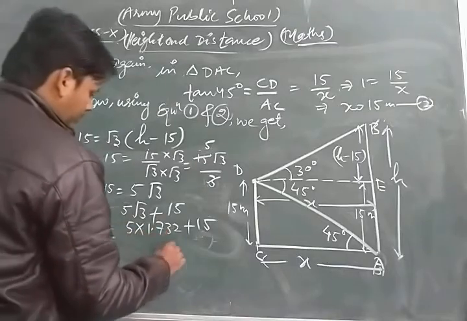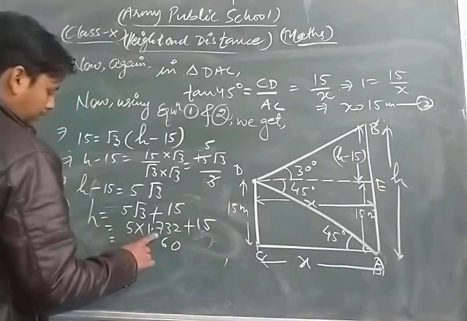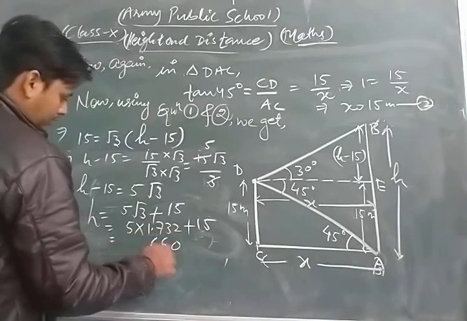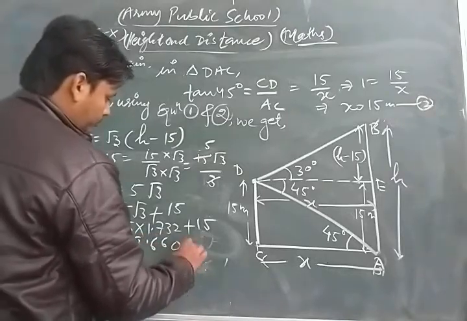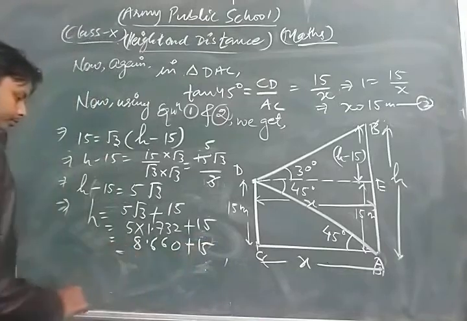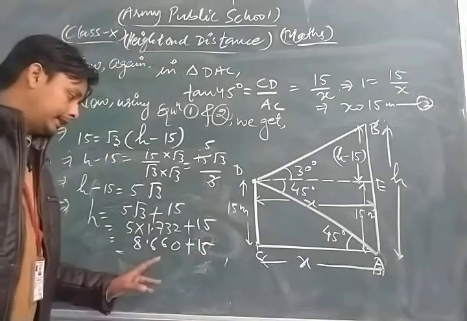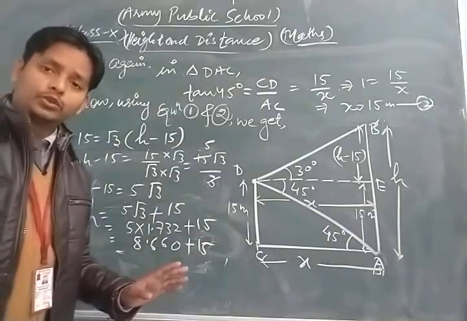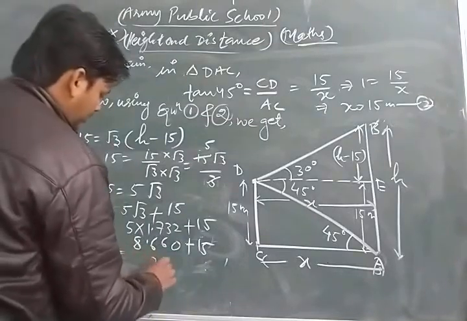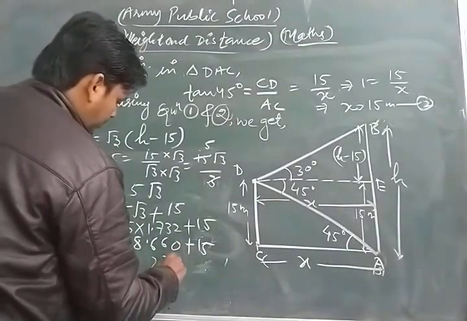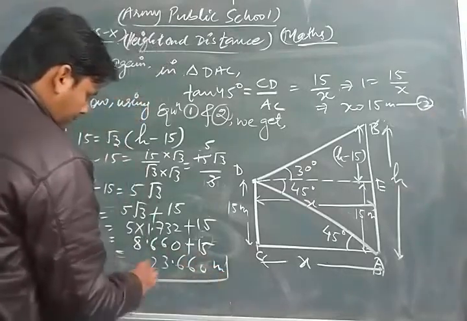Now adding them, 15 plus 8.660 is equal to 23.660, that is about 23.66 meter.